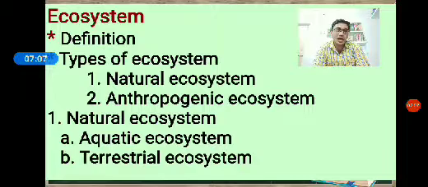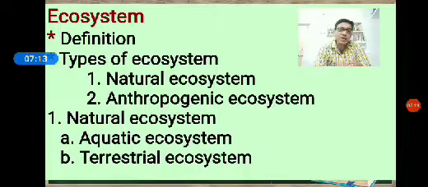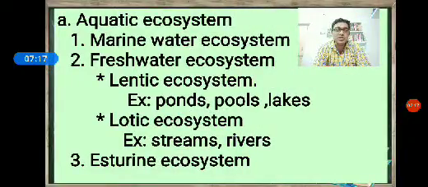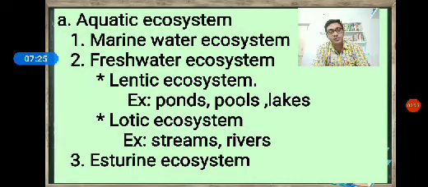Coming to the aquatic ecosystem in natural ecosystem, it consists of different types: marine ecosystem, freshwater ecosystem, and estuarine ecosystem.